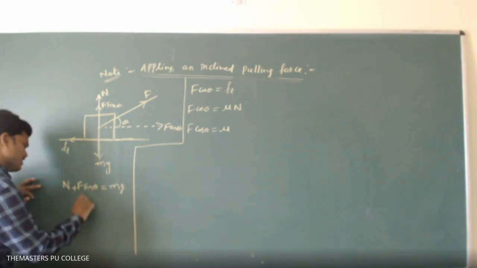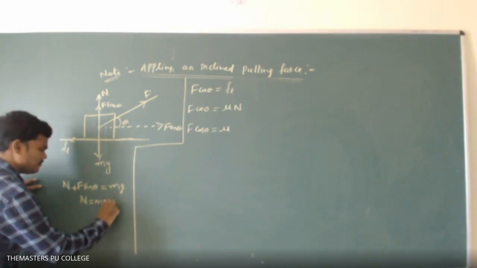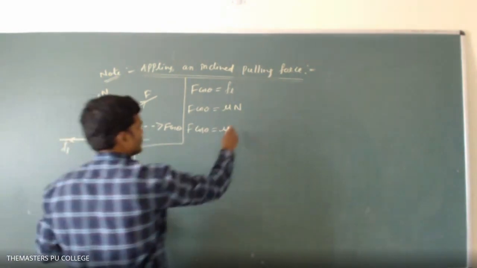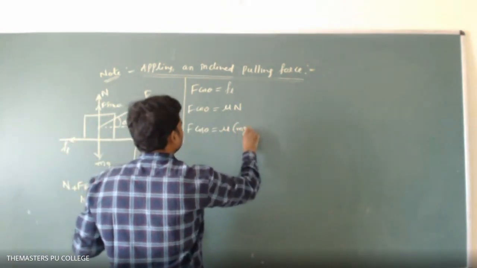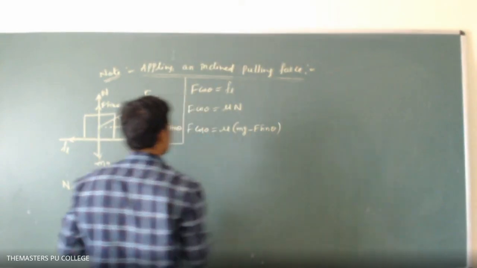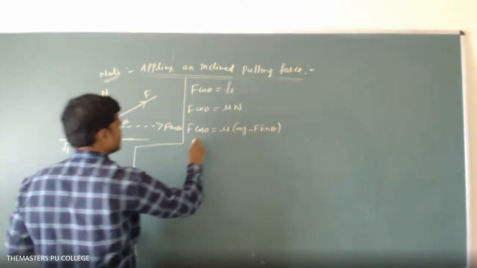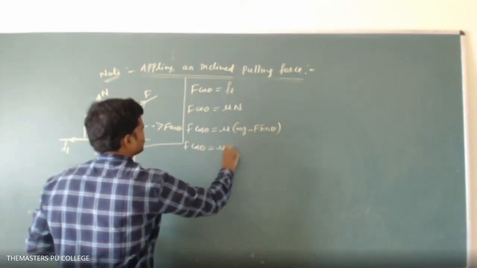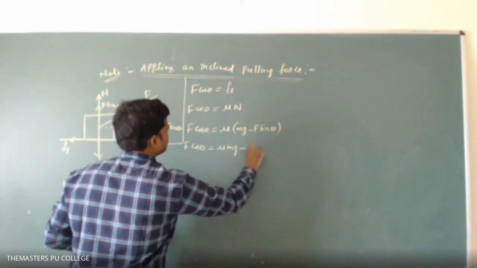Then N is equivalent to mg minus F sin theta. Put this value here: mu times mg minus F sin theta. Take this value left, F cos theta. I'm writing so many steps from an understanding point of view. You extend the steps.